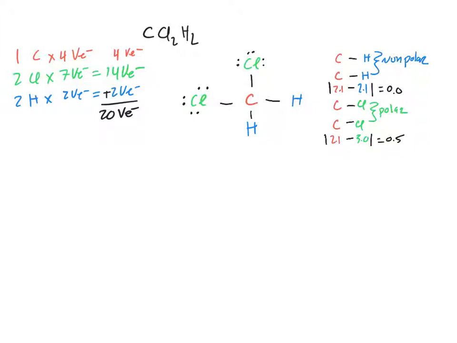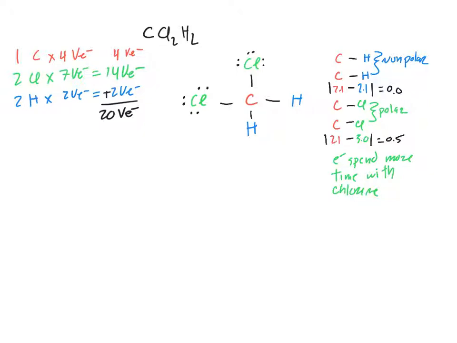And so I have a dipole, where I have a situation where the electrons are going to spend more time with chlorine in 2 bonds, and in the other 2 bonds they're going to be shared equally.